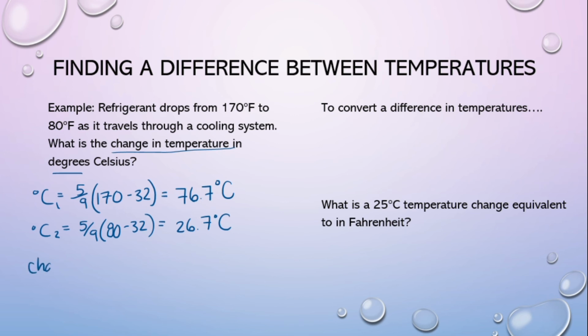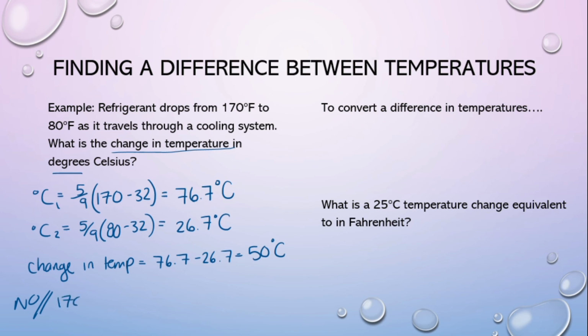So the change in temperature will be the difference between the two, which is going to be a 50-degree change in temperature. Just to show you it wouldn't work the other way, I'm going to write no, so you know not to do it if you're just looking at the slides.